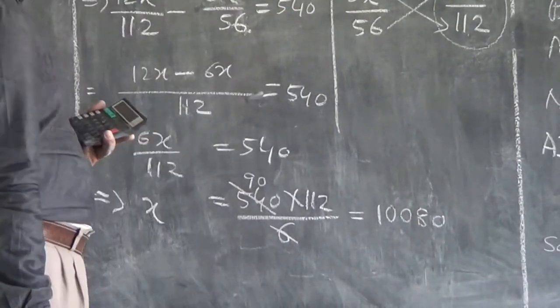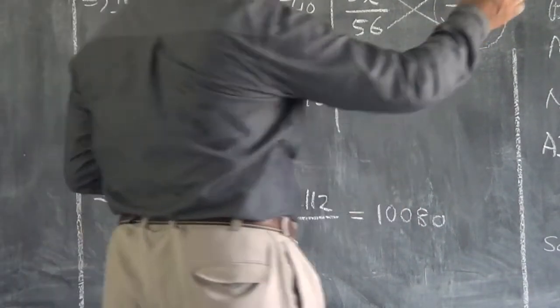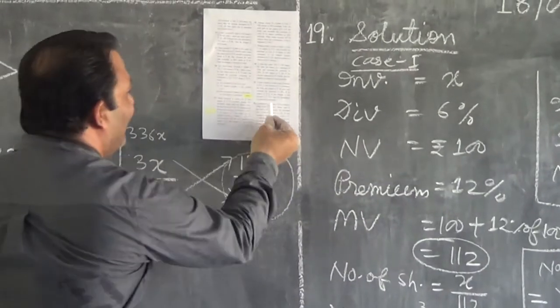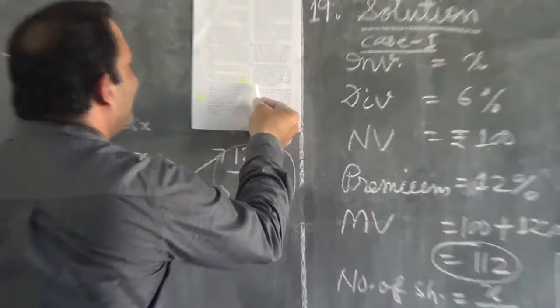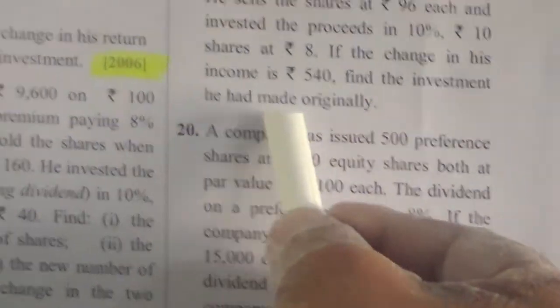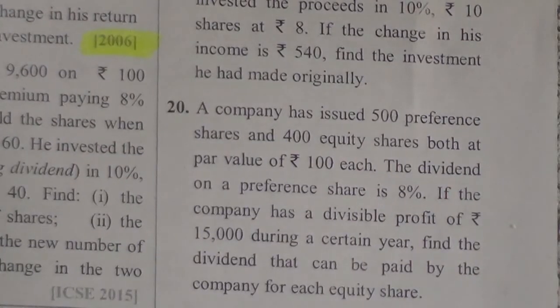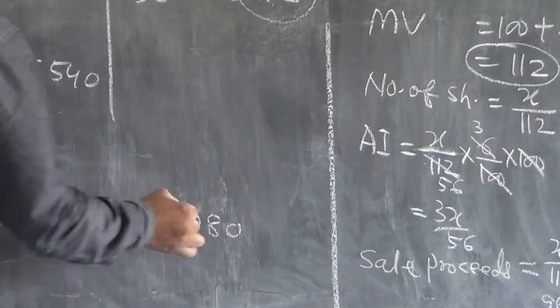This is the value of x, and the value of x is what, children? The investment. The question is asking to find the investment he had made originally. So our answer is 10,080 rupees was the original investment.